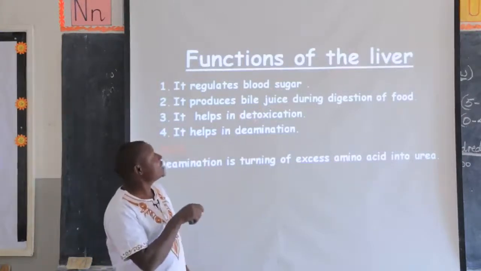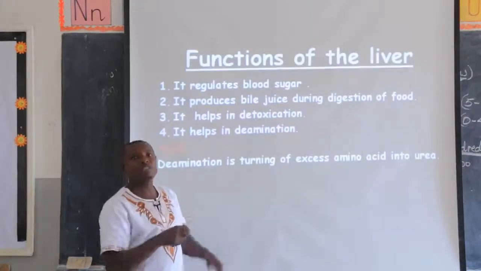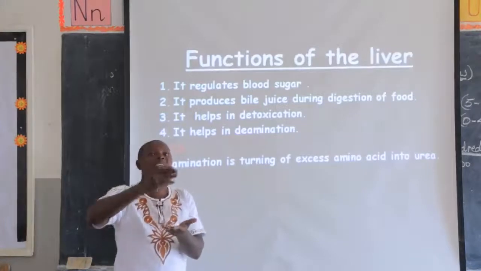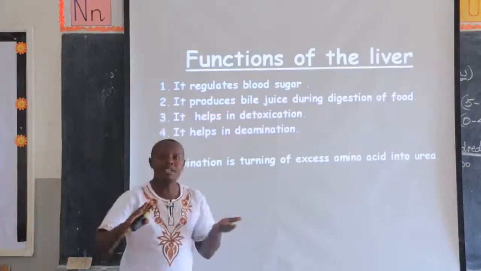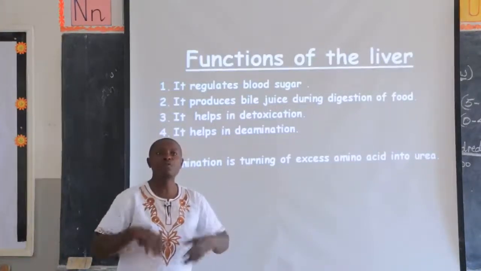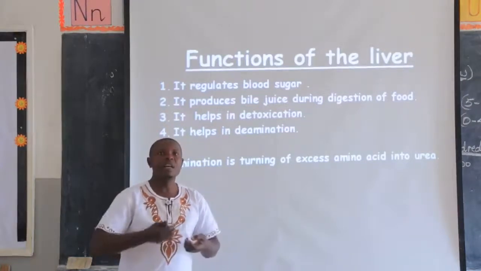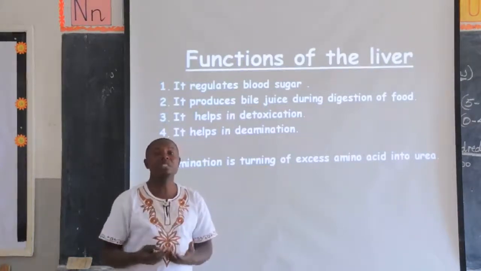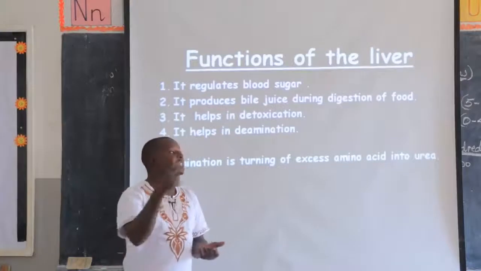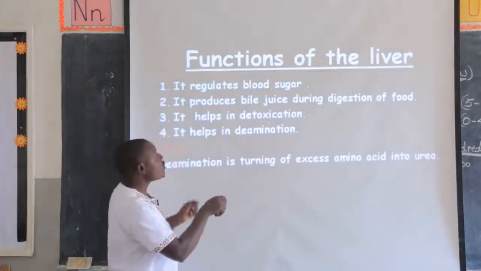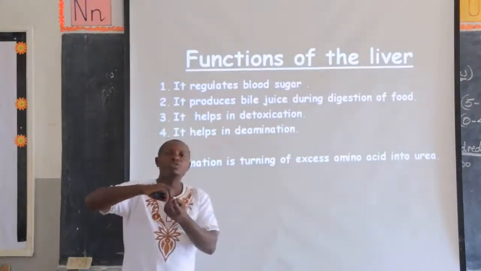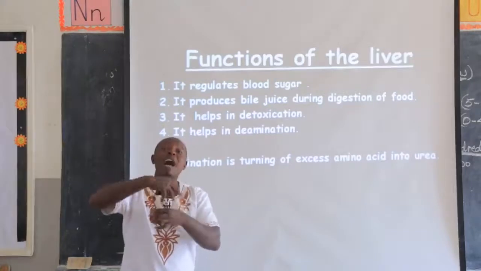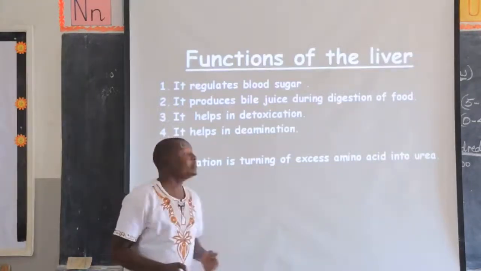What is to detoxicate? To make the germs become harmless. In case you swallow food containing germs or poisonous or toxic substances, it is the liver that is going to kill them, to make them harmless. Therefore, the liver is very important.